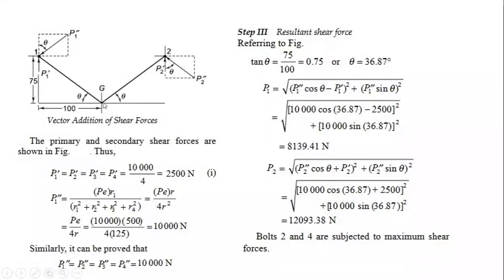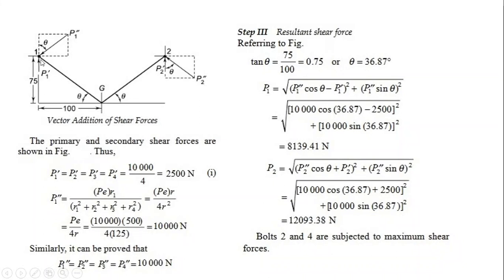Next, this is the vector addition of the shear force diagram. Here is the center of gravity CG point, and these are bolts 1 and 2. The horizontal distance from CG to the bolt is 100 millimeter and the vertical distance is 75 millimeter.